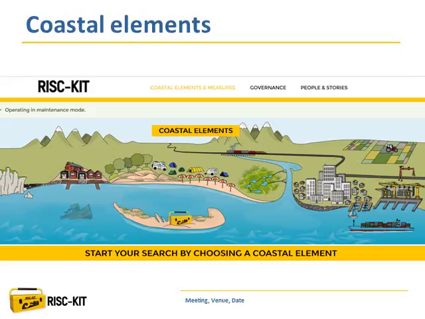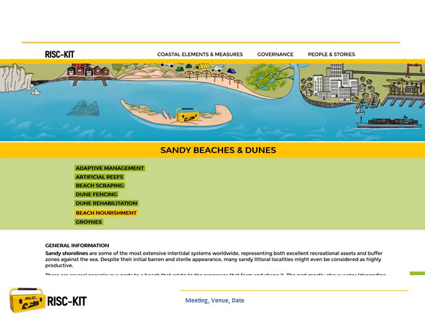And then you can actually choose these different elements, and from there find measures. In this case, I clicked on the sandy beaches and the dunes, and then we can see some general information below that, what we understand by this.